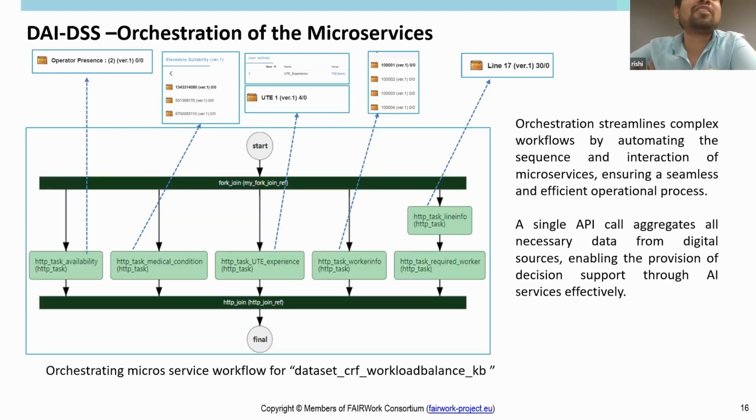What is this microservice orchestrator? Let's say we require five types of data from the knowledge base in this workload balance scenario: operator presence, operator suitability, production line information, like which geometry needs to be produced on a given line, and operator preferences.